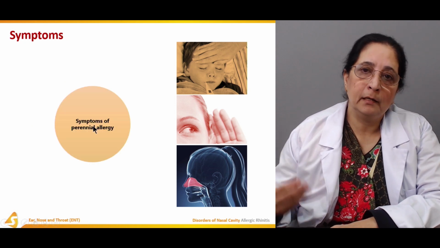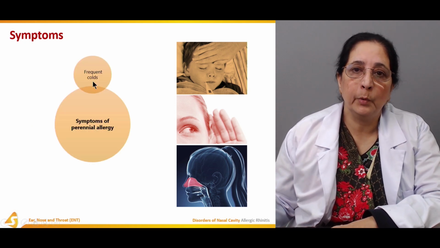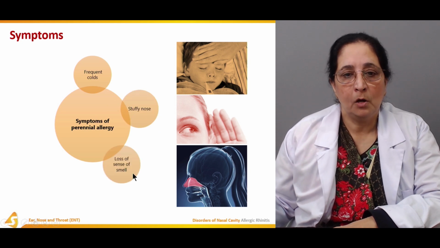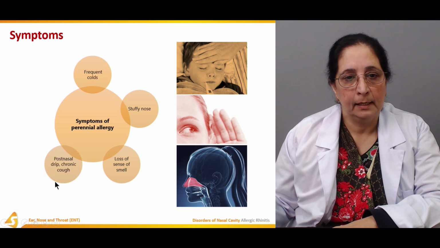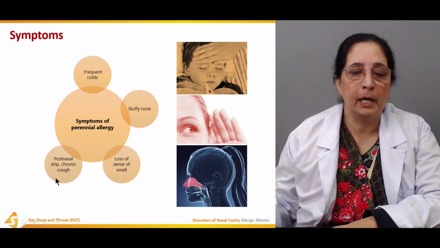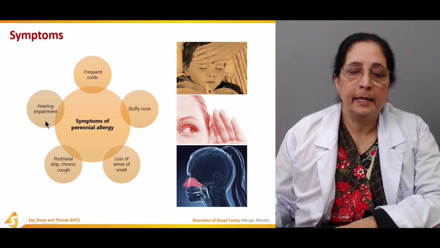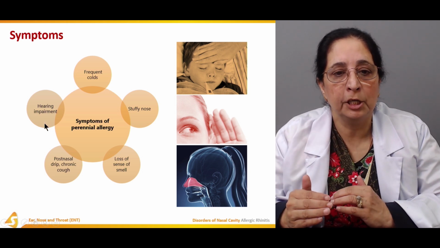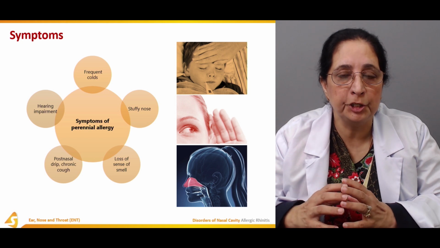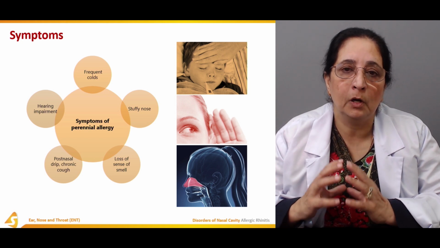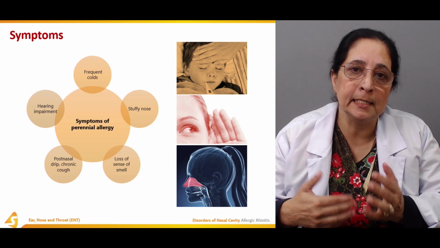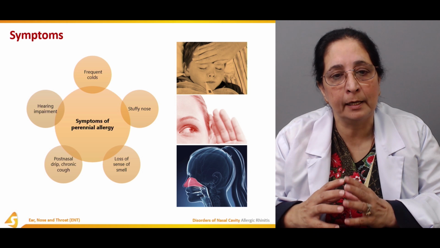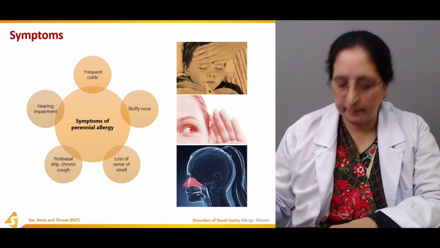Symptoms of year-round allergies: frequent colds, stuffy nose, loss of sense of smell, post-nasal drip and chronic cough, and hearing impairment as a result of blockage of the eustachian tube and pressure. So all these are different signs and symptoms of seasonal allergies and perennial allergies, which are all year round.